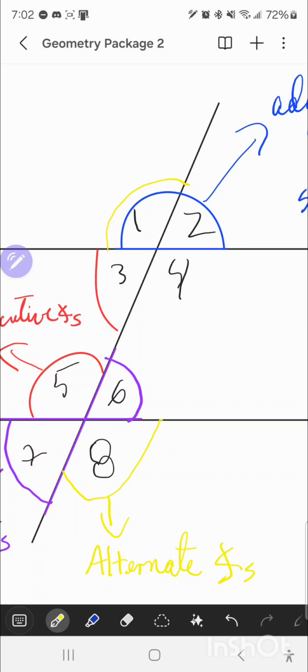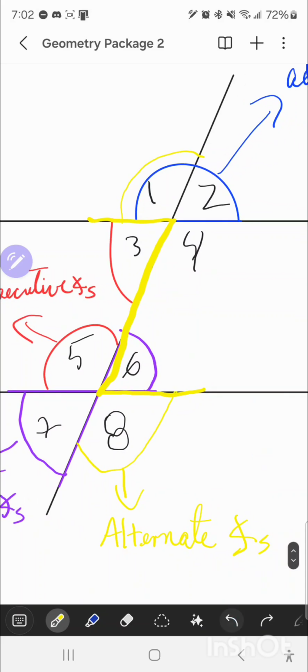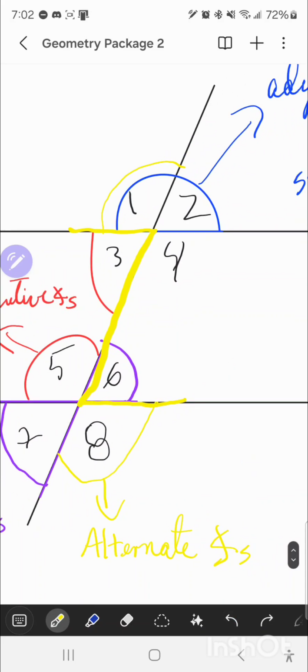And how I remember the alternate angles is that I can draw a Z, like this. I'm going to make this bigger. The ones that are like this and the one inside, they are alternate interior because they are inside. And this one outside, they are alternate exterior because they are outside.